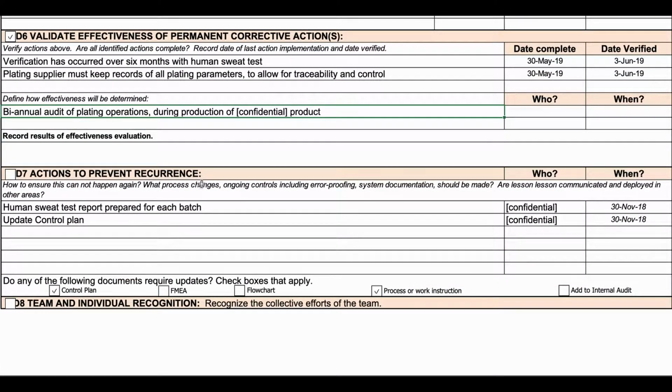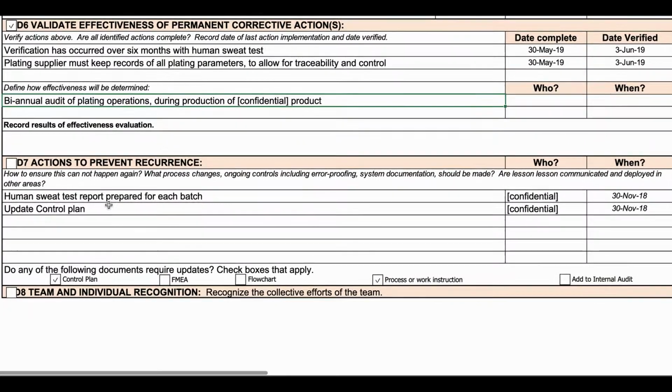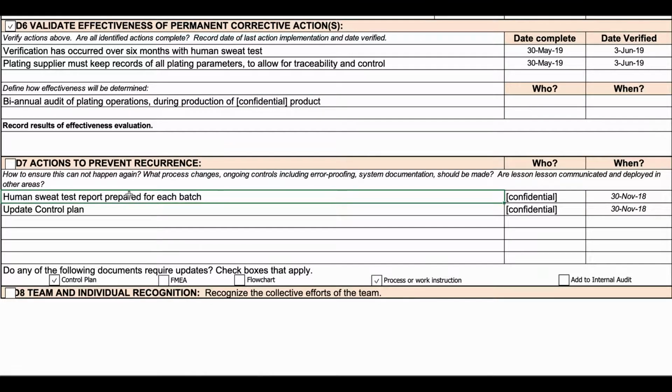Then after that, to prevent recurrence, again, action plan, how to make sure this does not happen again, process changes, ongoing controls, and so on. Actually, some of this was already here. As the buyer, request a test report for every batch, for example, and then update the control plan.